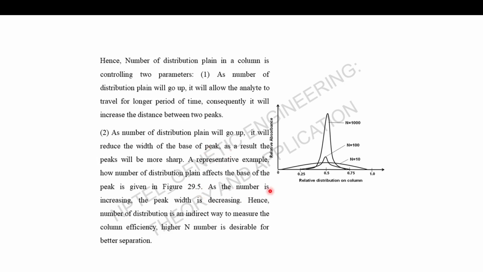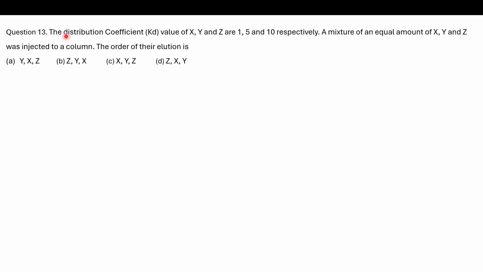So as the number of distribution plates increases, the peak width decreases. So the number of distribution plates is an indirect way to measure column efficiency, and a higher number is definitely desirable for better separation.